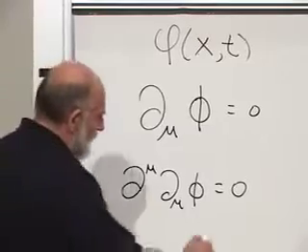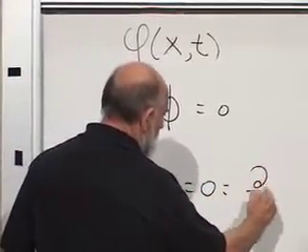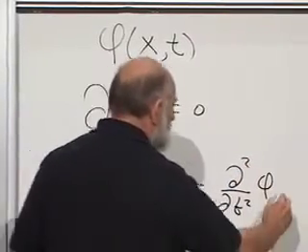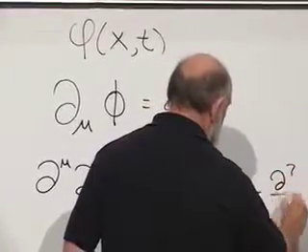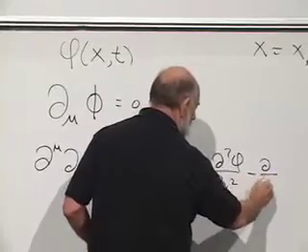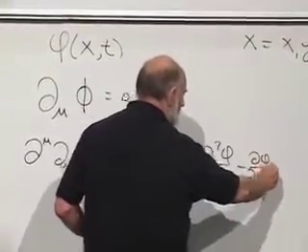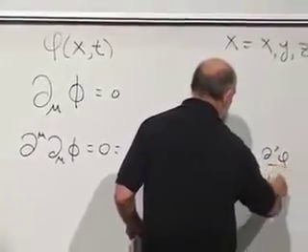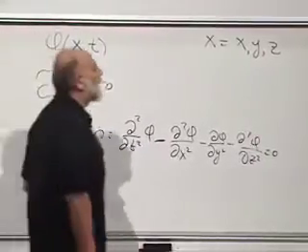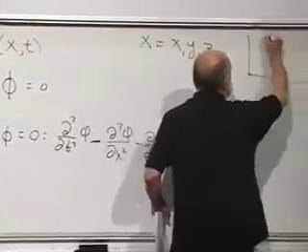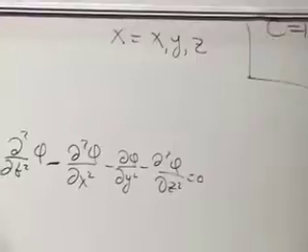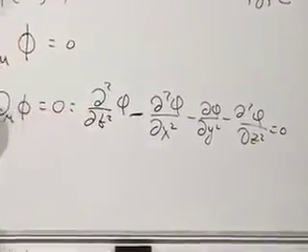So this would really mean the second derivative with respect to time of the field, minus the second derivative with respect to x squared, minus the second derivative with respect to y squared, minus the second derivative with respect to z squared, is equal to 0. Notice, as usual, because I'm lazy, I've set the speed of light, c, equal to 1. You can go home and, as an exercise, figure out where the speeds of light go into this equation.